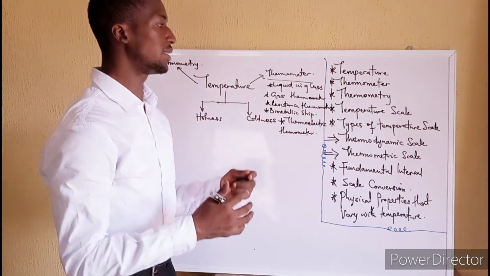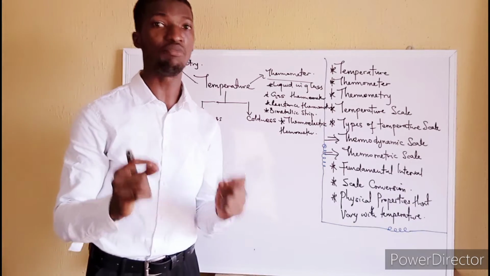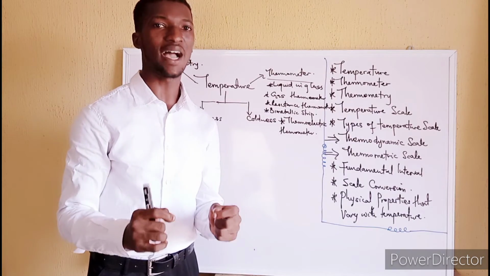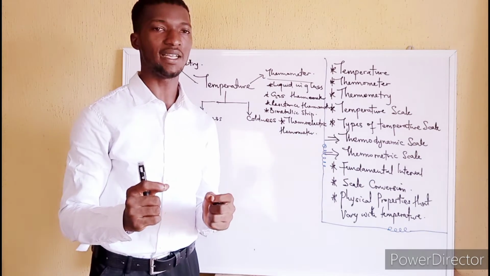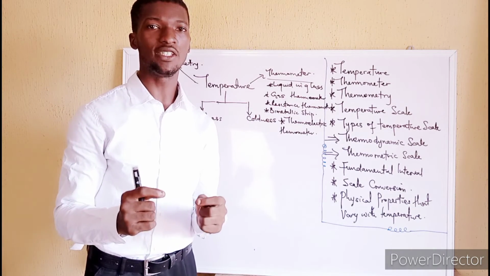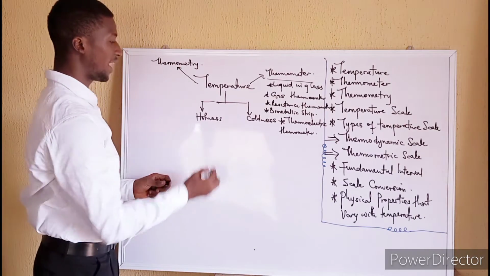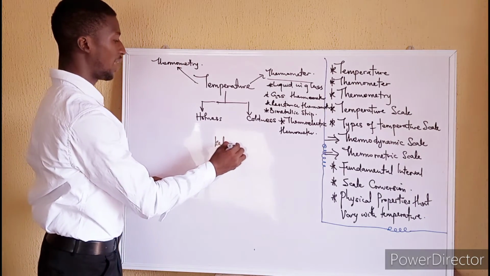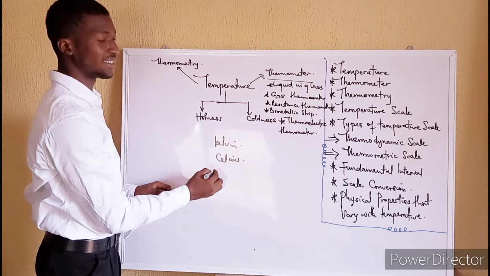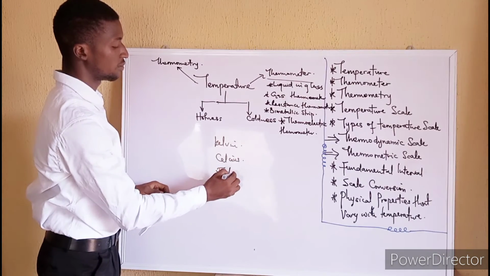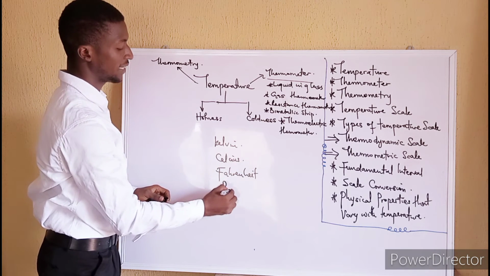Now let's look at the temperature scales. The thermometer is calibrated in readings. This reading is what is referred to as the temperature scale, and the temperature scale is designed based on particular units. For instance, you can have the Kelvin unit, the Celsius, the Fahrenheit, and the Rankine.